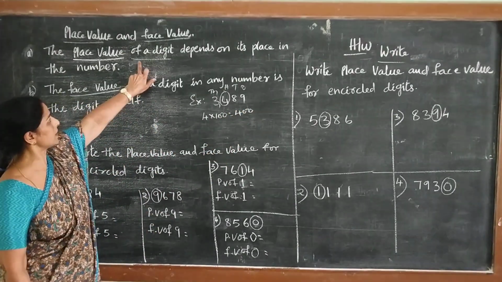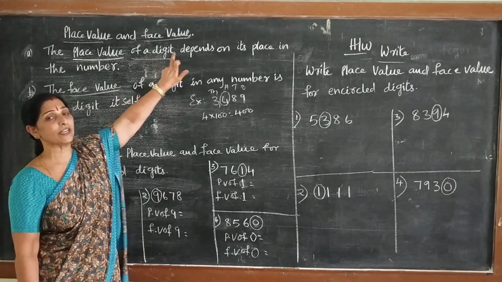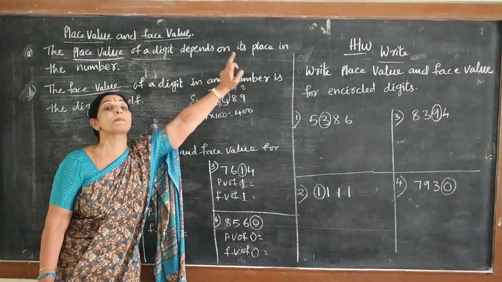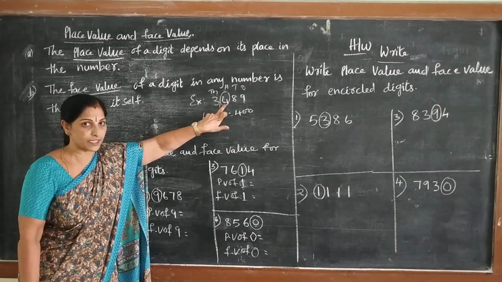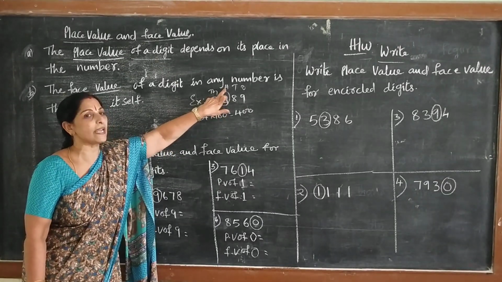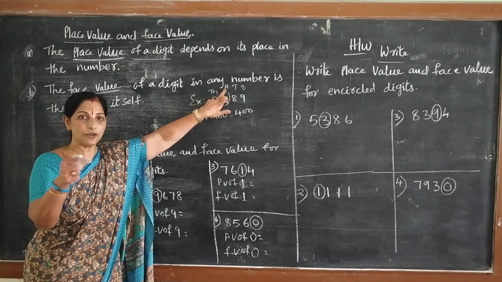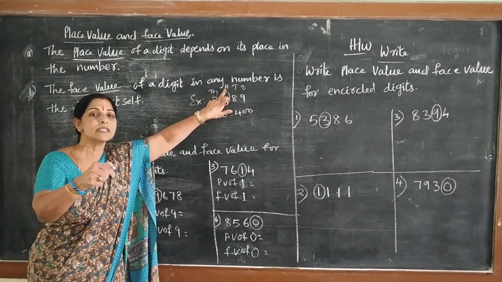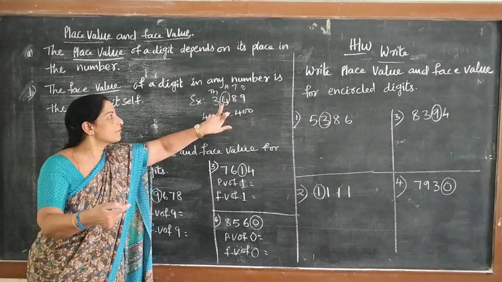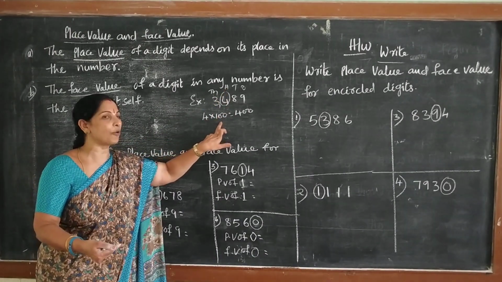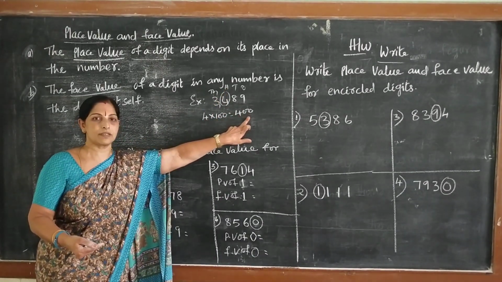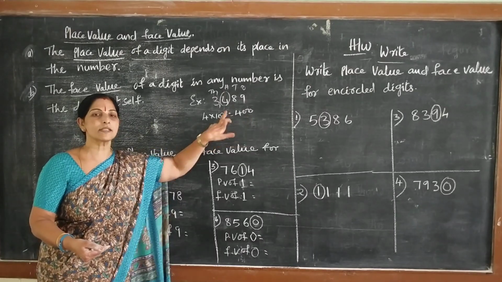What is the definition? The place value of a digit depends on its place. This 4 is a digit. The value of the given digit depends on its place. 4 is under the hundreds place. So the place value of 4 is 400. Okay, children, this is good.